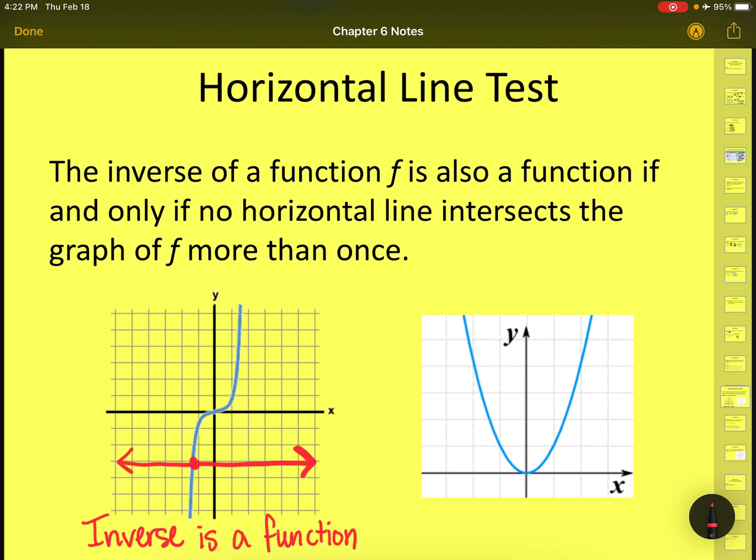It doesn't tell me that the function has an inverse. It just tells me the inverse is going to be a function. In the second one here, if I draw a horizontal line through any points on this graph, it's crossing twice. So this one says its inverse is not a function.